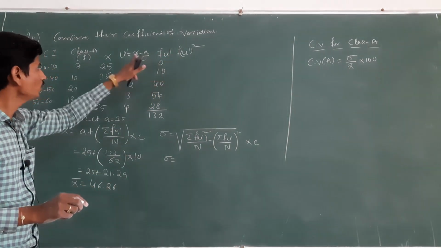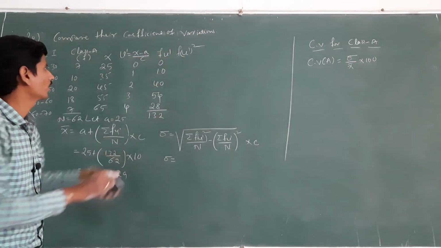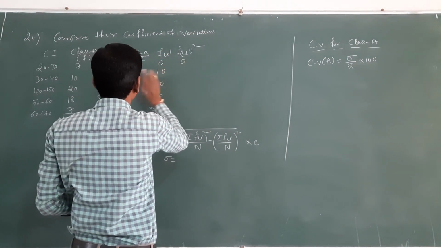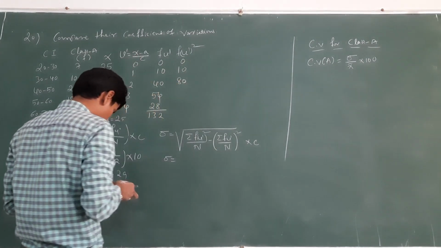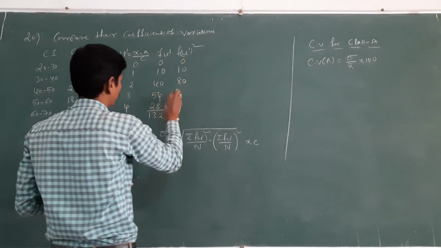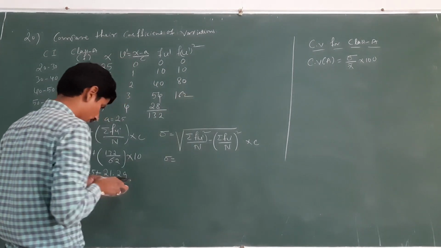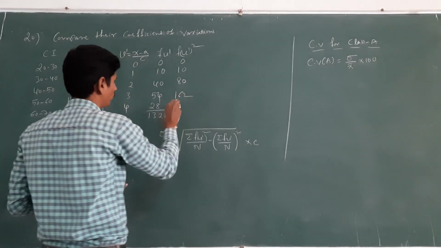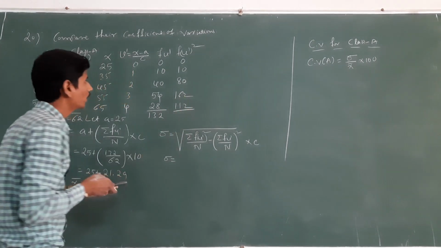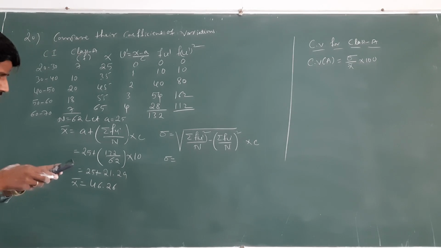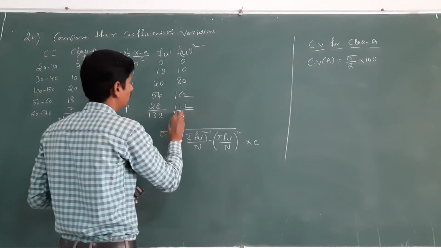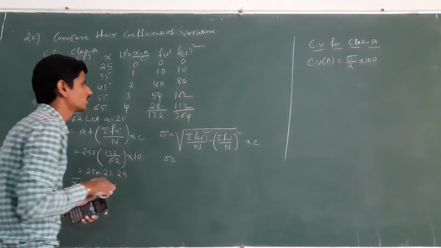Here 0 into 0 is 0, 10 into 1 is 10, 40 into 2 is 80, 54 into 3 is 162, 28 into 4 is 112. Then the sum of this, 10 plus 80 plus 162 plus 112, we will get 364 as the answer. Sum of fu dash square is 364.